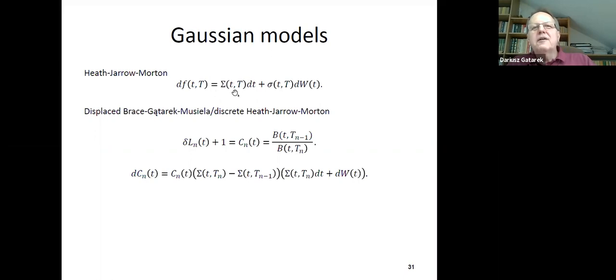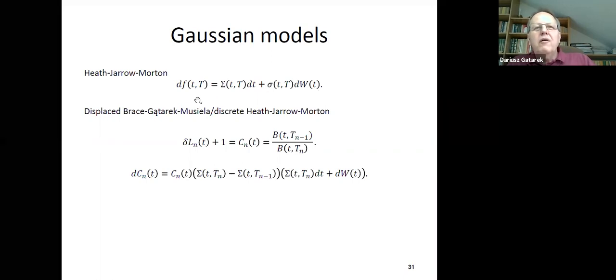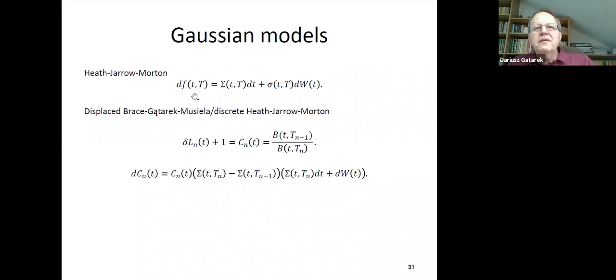So capital sigma is the integral of sigma times sigma, so it's easy to calculate. And we get a formula for forward rates, zero coupon bonds, and you are able to derive all the option prices. Easy.